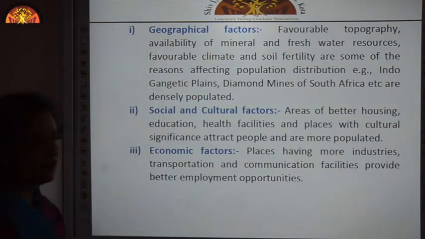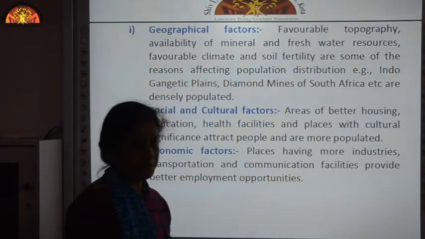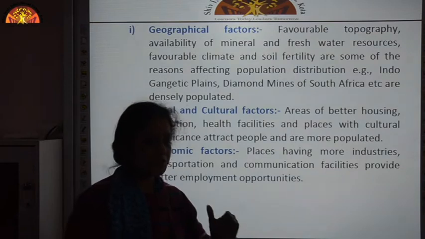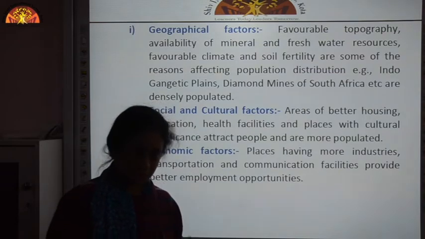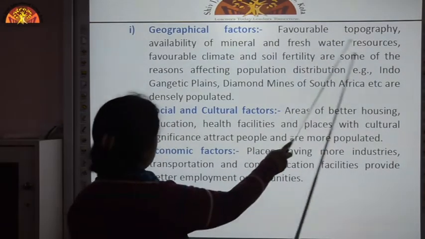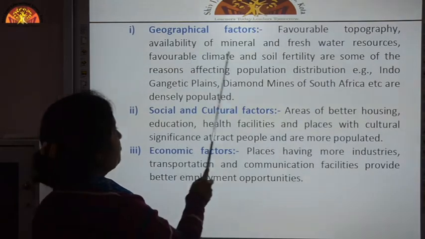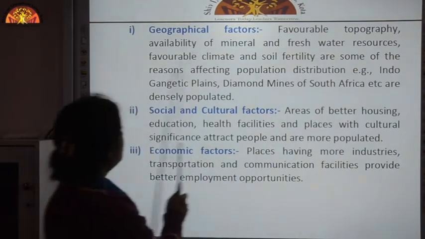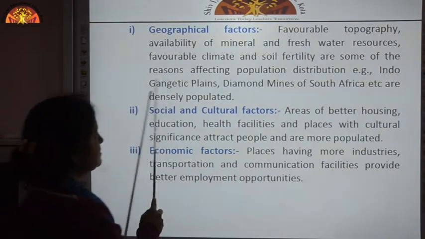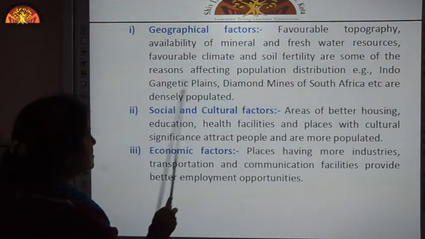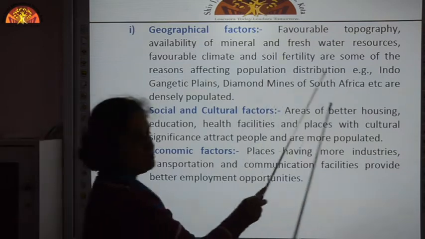Number 1 geographical factors. बेटा क्या होता है, लोग कहाँ रहना पसंद करते हैं? जहाँ पर कि उनके लिए suitable living conditions हो, water availability हो, temperature moderate हो. ठीक है. Favorable topography, availability of mineral and fresh water resources, favorable climate and soil fertility, and some of the reasons affecting population distribution.